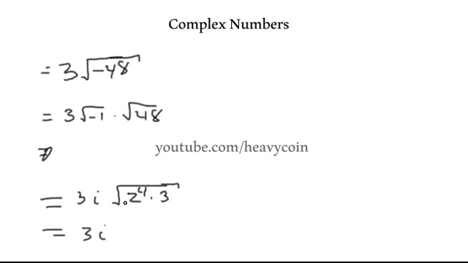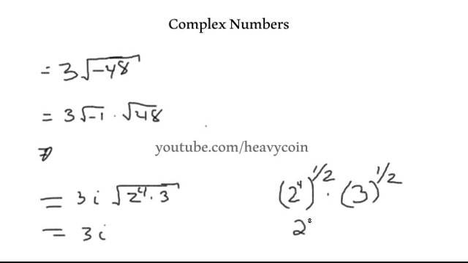It's amazing how I went from 48 to this right here. It was a big jump, wasn't it? If I have 2 to the 4th, and it's all raised to the half power, because that's what this radical is, and of course you've got 3. If I actually break this up, half times 4 is 2.